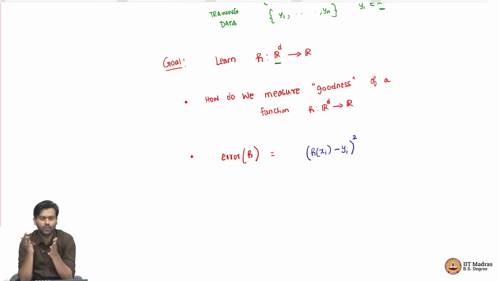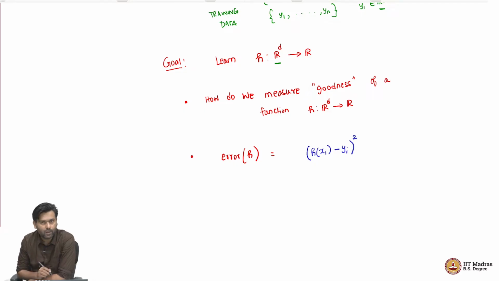If I just take h of xi minus yi as my error and do not use the square, then I can always output a function h which sets for every xi the value of minus infinity, such that my error is as small as possible. That is not really learning anything; that function is useless for prediction. So we do not want such useless functions, and we choose our error a little more carefully. In this case, we set it as squared error. We will justify squared error in much more detail later on.